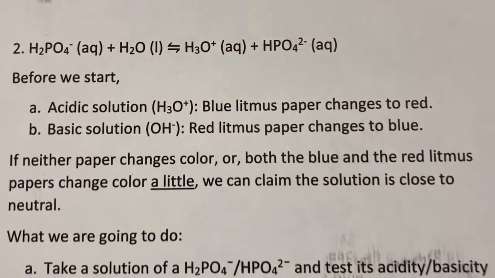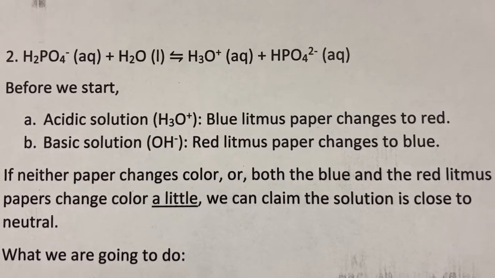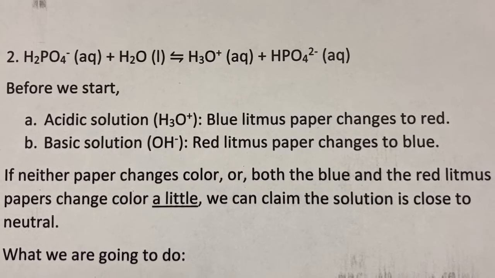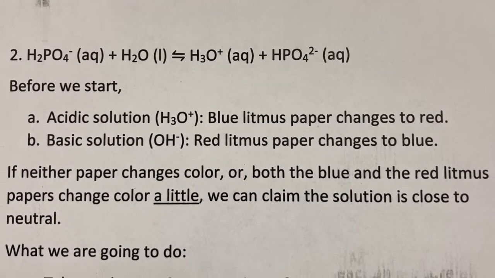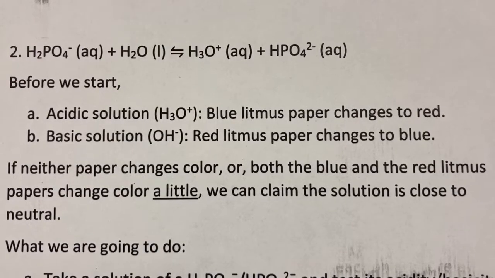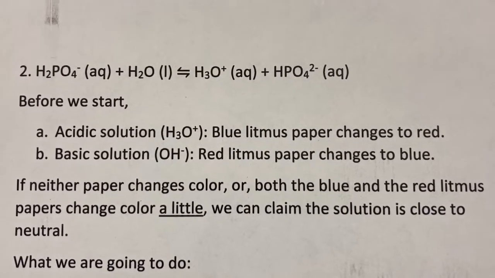We know that a blue litmus paper will turn to red if it gets into contact with an acidic solution. A basic solution will make the red litmus paper change to blue.